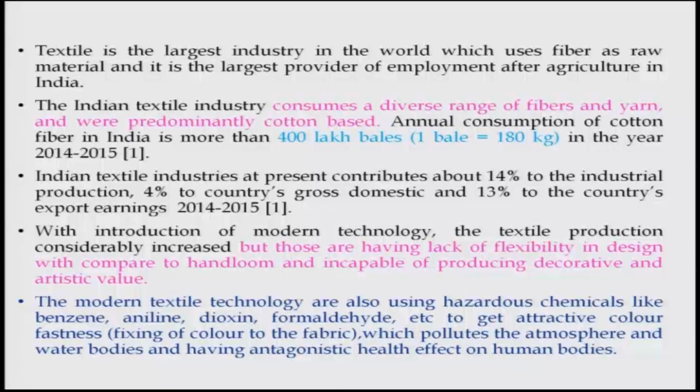As I told earlier, textile is the largest industry in the world which uses fiber as a raw material, and in this country it is the largest provider of employment after agriculture.